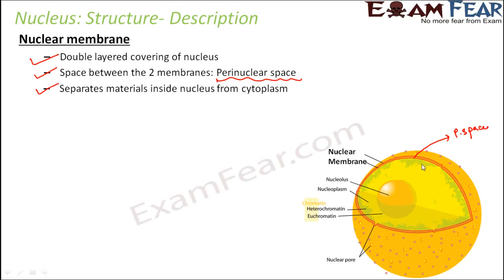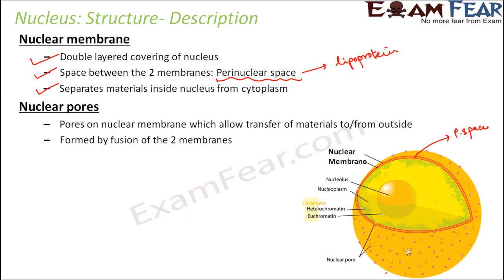When you talk about the composition, this perinuclear space is composed of lipids and proteins. So this has a lipoprotein structure. The next part is nuclear pores, the tiny pores on the nuclear membrane which allow transfer of materials to and from inside.